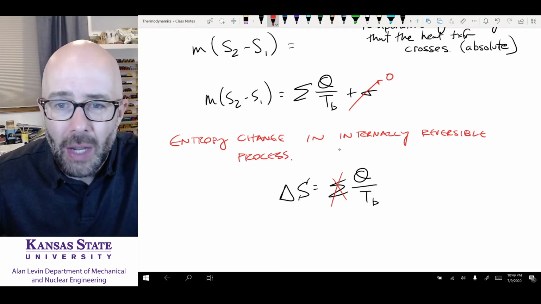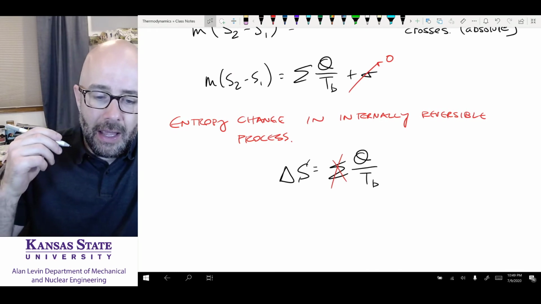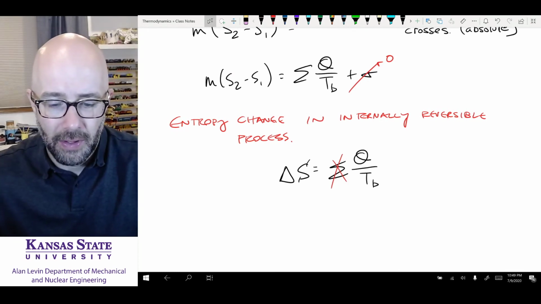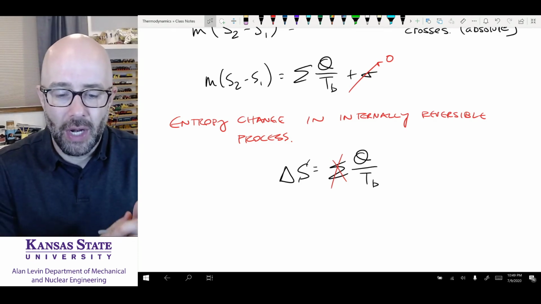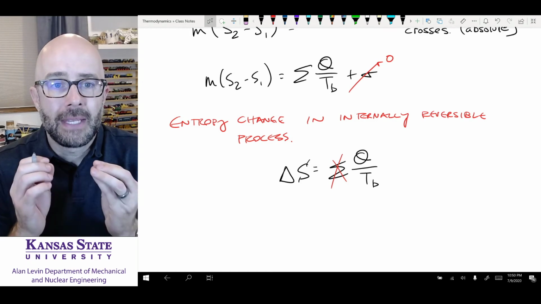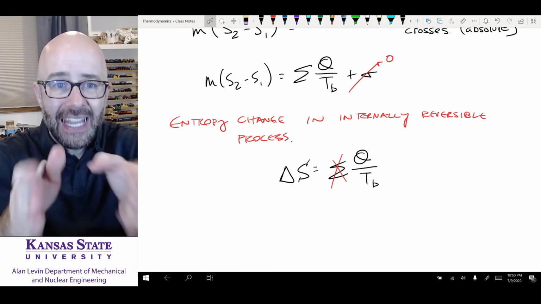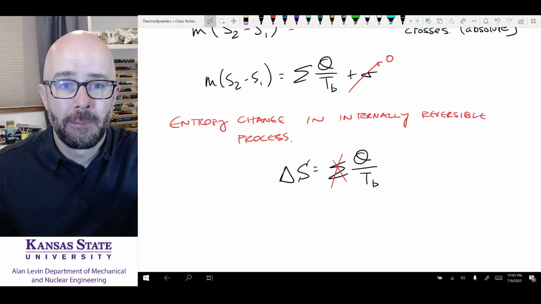Okay, so let's look at what this equation is telling us. The energy and the heat transfer: this means that a system has some energy by heat transfer. If we add heat transfer into a system, what's happening to our delta S? It's going to go up.